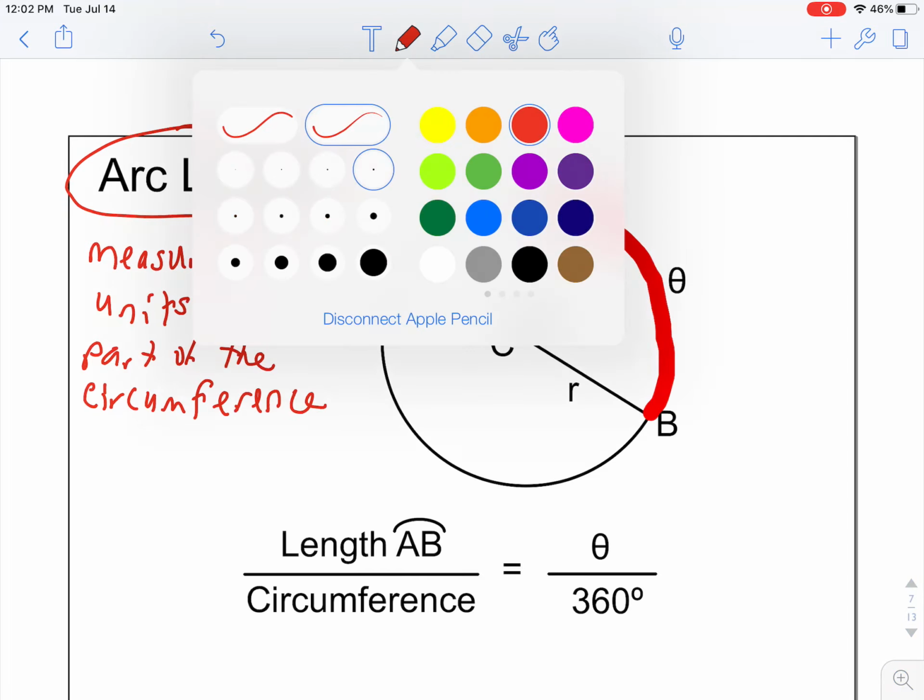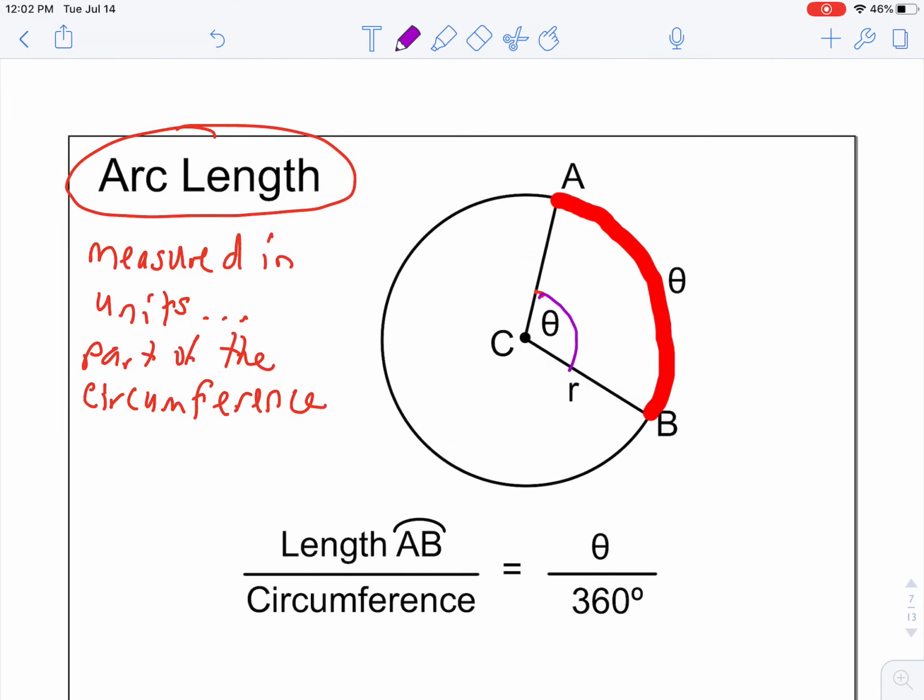Okay? So what's interesting is that this number of degrees compared to 360 is going to be the same proportion as this arc length compared to the whole circumference.